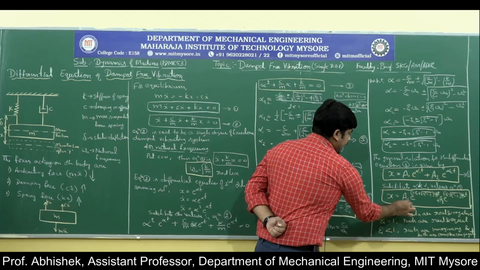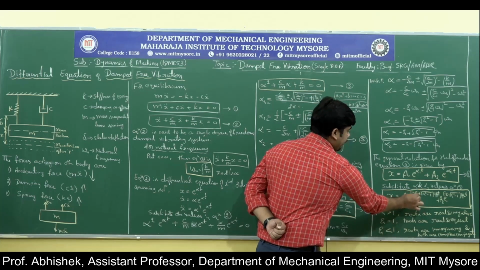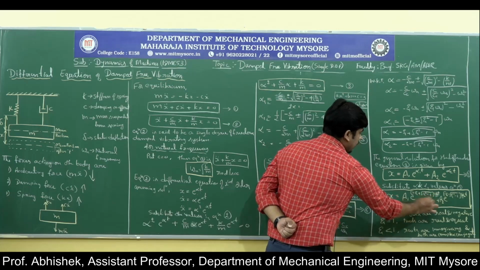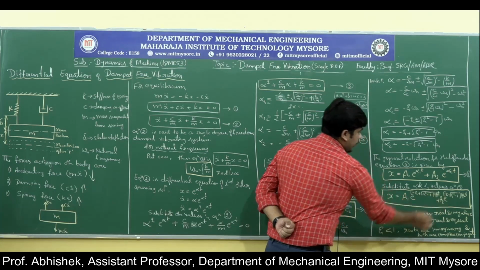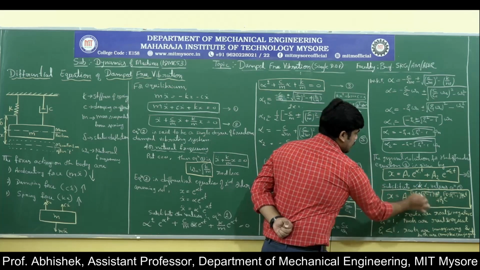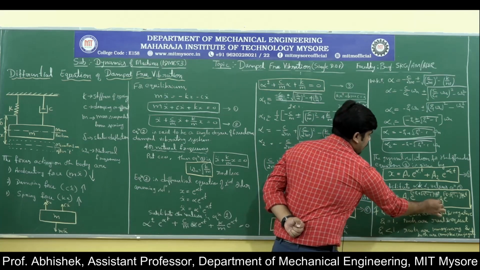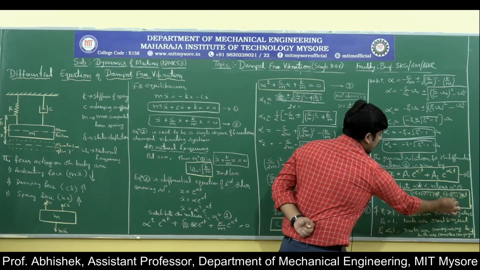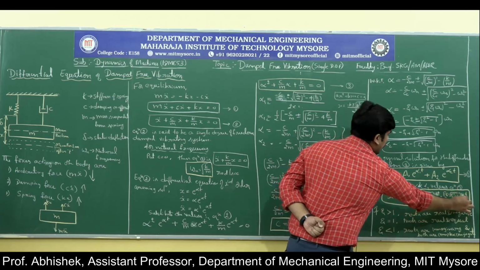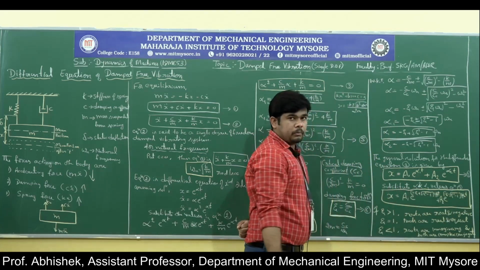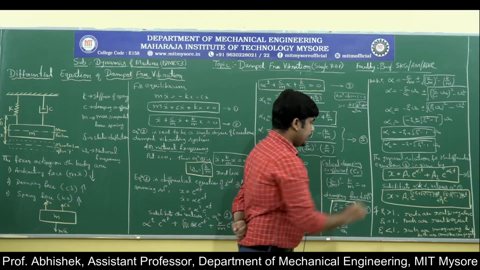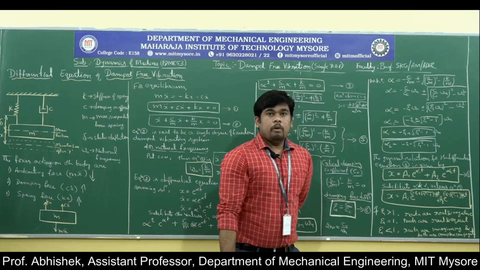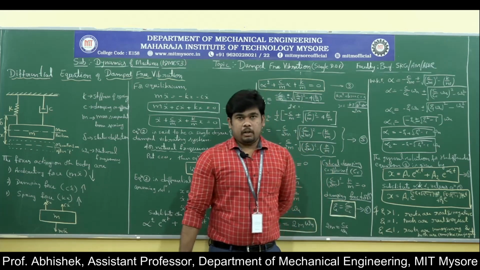X is equal to a1 into e to the power of (minus zeta plus the square root of zeta square minus 1) into omega n into t, where I have substituted the value of alpha 1, plus a2 into e to the power of (minus zeta minus the square root of zeta square minus 1) into omega n into t, where I have substituted the value of alpha 2. So this is the final equation for the damped free vibration.